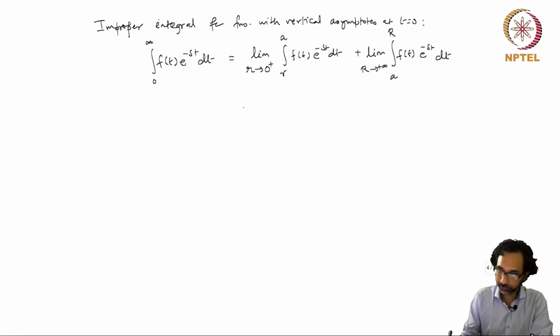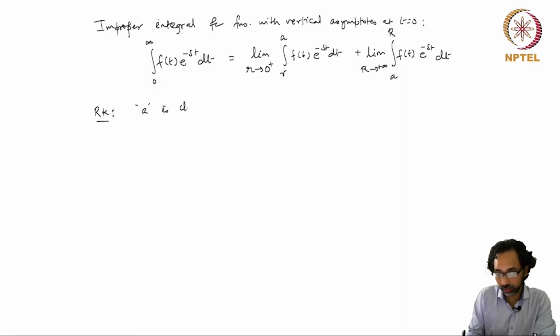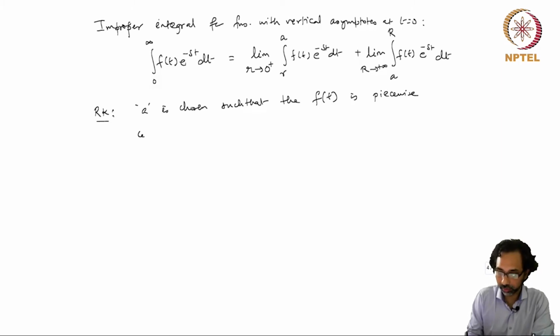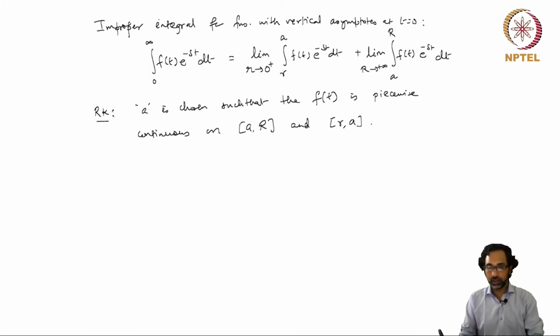So here a is chosen, and this is a remark that a is chosen such that the function f(t) is piecewise continuous on [r, a] and [a, R].